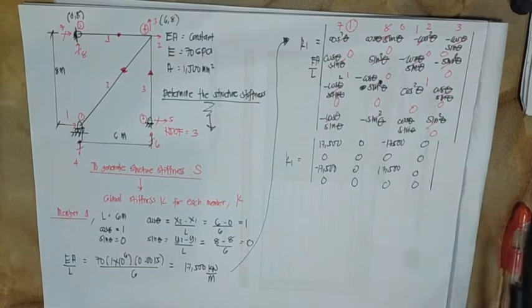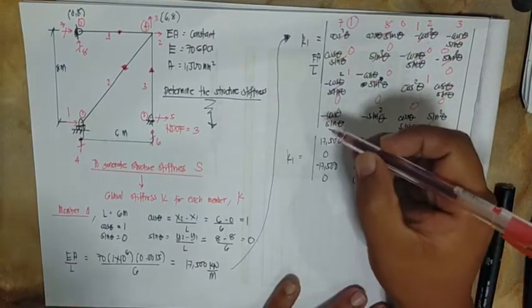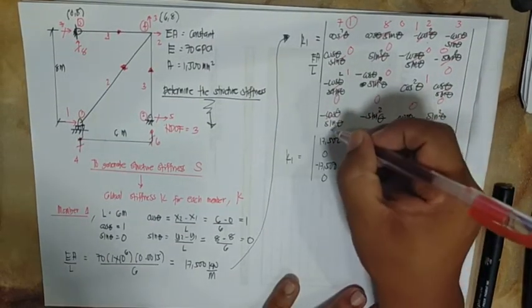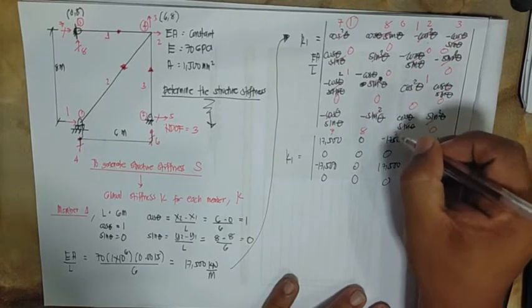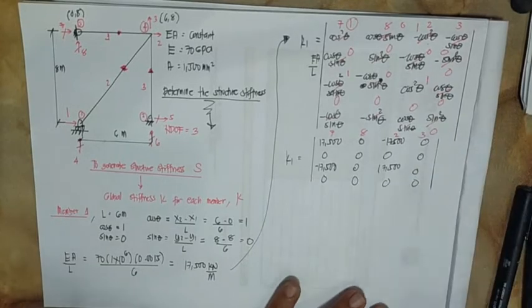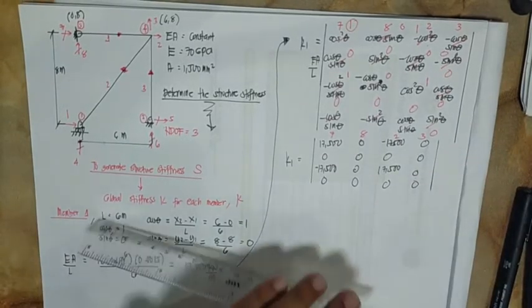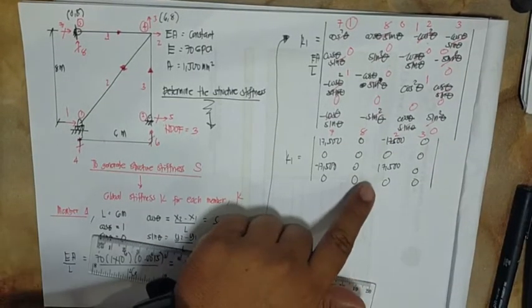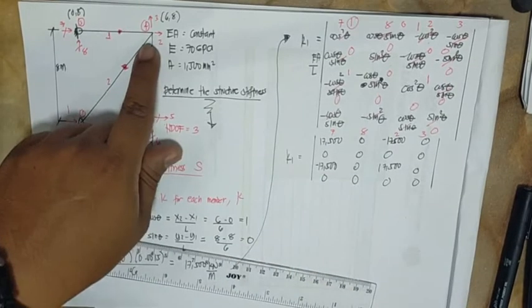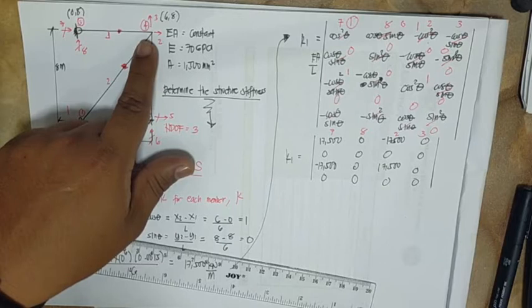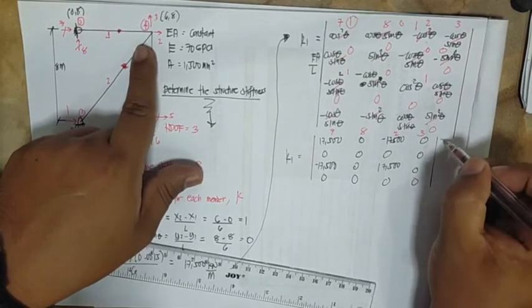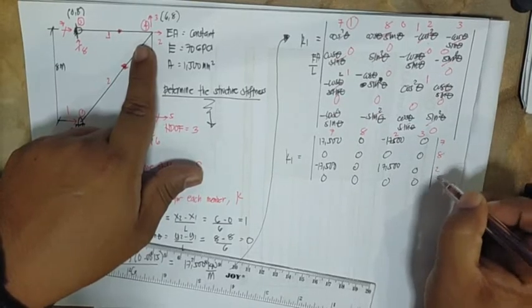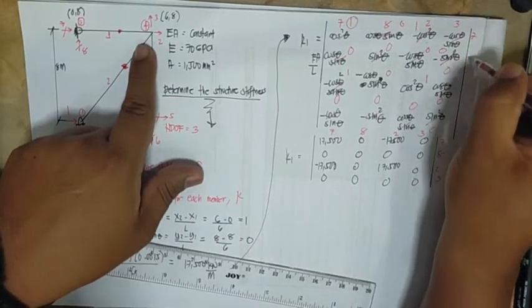Now, don't forget to put the designation 7, 8, 2, 3. Sorry, you put also here 7, 8, 2, 3. I forgot. 7, 8, 2, 3.